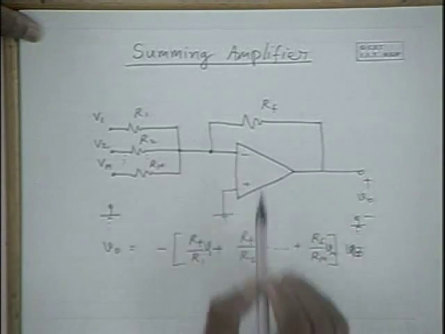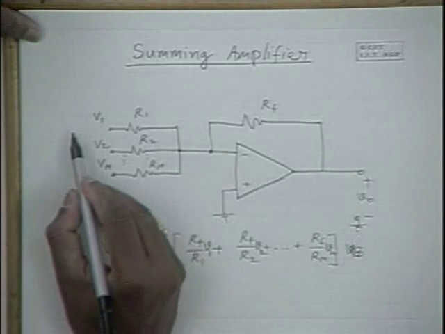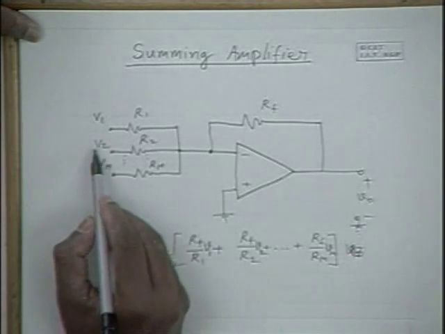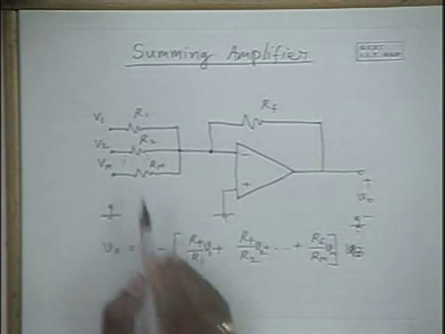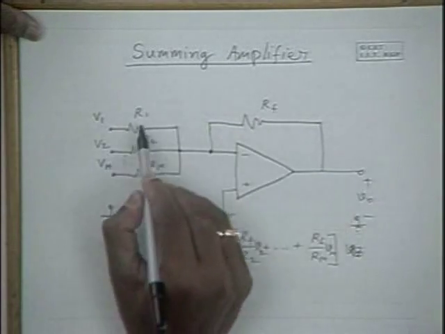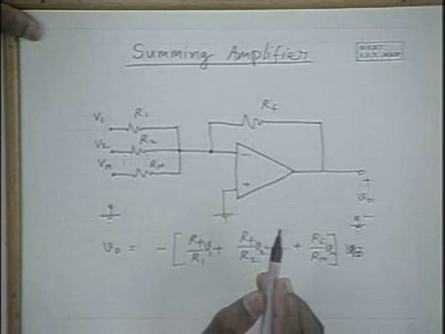So this circuit can sum different voltage waveforms. You have a speech signal 1, say speech signal 2, etc., and you can add all these speech signals. Or if you apply different DC signals, it can sum those DC signals. And the gain for individual voltages is given by Rf by R1, Rf by R2, etc.